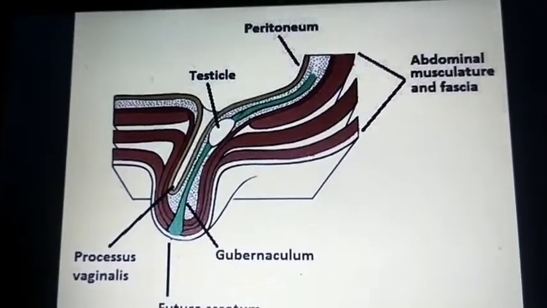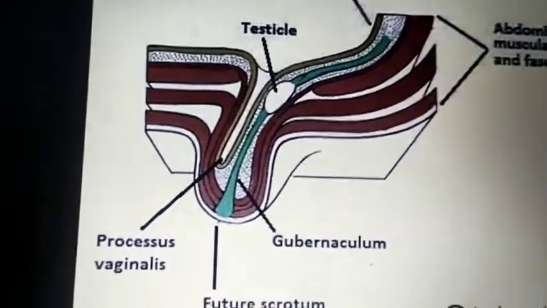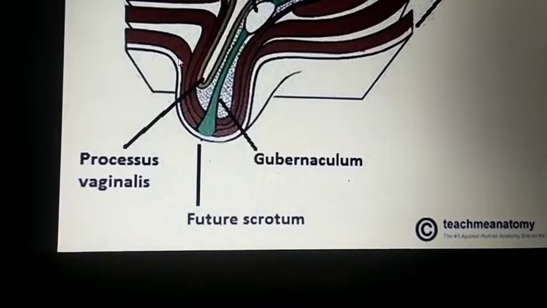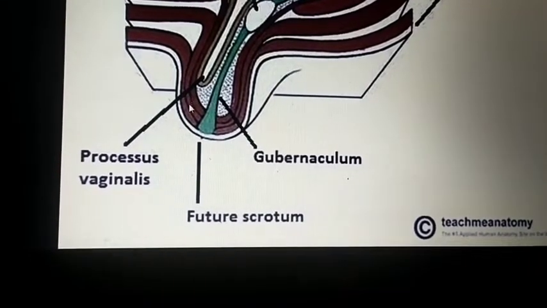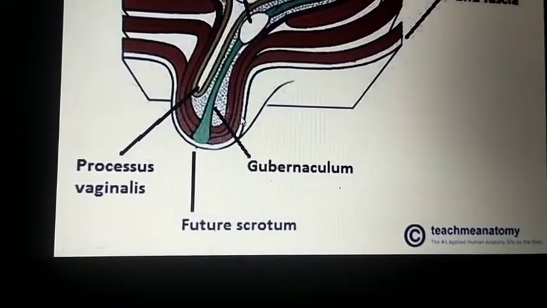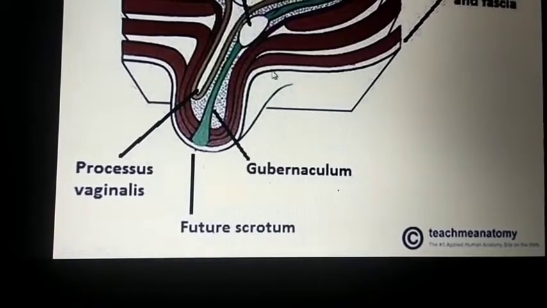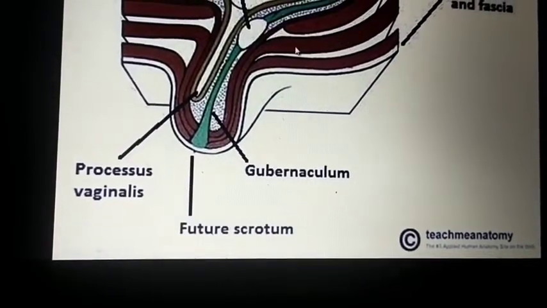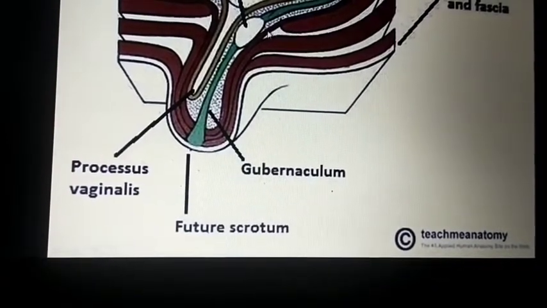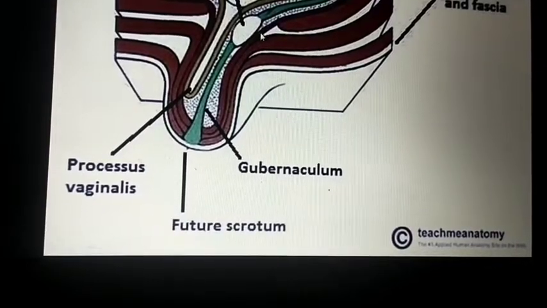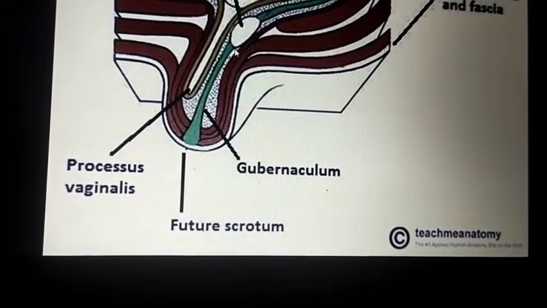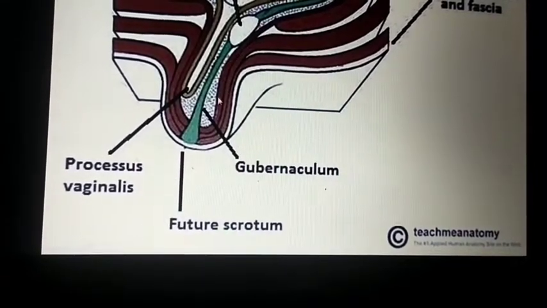This is the scrotum, and these are the layers of the scrotum. This is the external oblique muscle, continuous, and this is the internal oblique muscle, and this is the transverse abdominis muscle and fascia. The transversalis fascia forms the internal spermatic fascia.